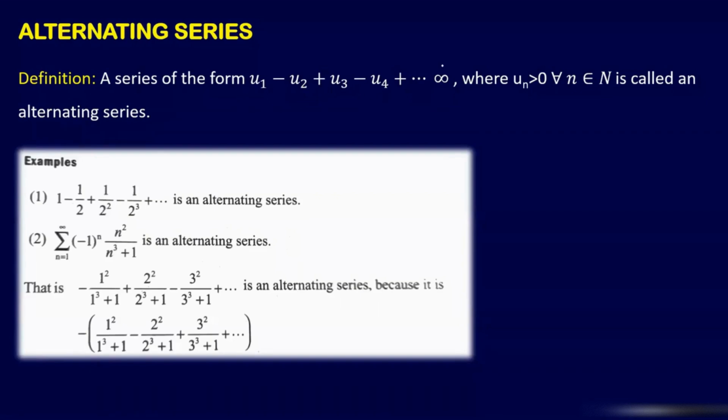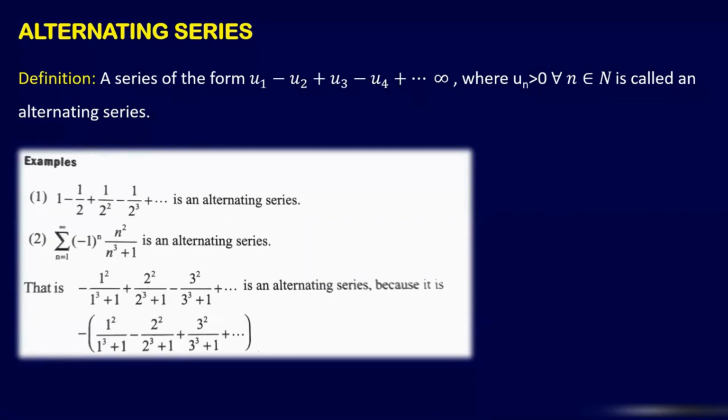But when you take them in a series form like this, you can find their signs alternately. For the first term, we have a positive sign. Then for the second term, we have a negative sign. Then positive again, then negative again. Like this, when you have alternate signs on different positive terms, we call it an alternating series, right?